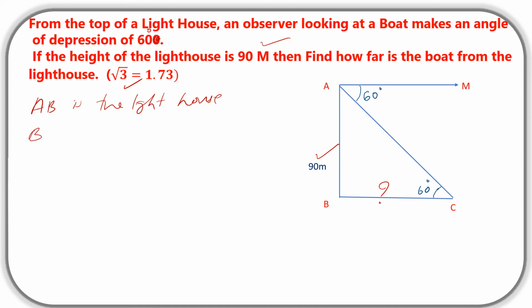Boat is at sea. Correct? Observer is at A. Correct? And the angle of depression is this. And that angle of depression will be equal to this alternate angle if you draw a line.